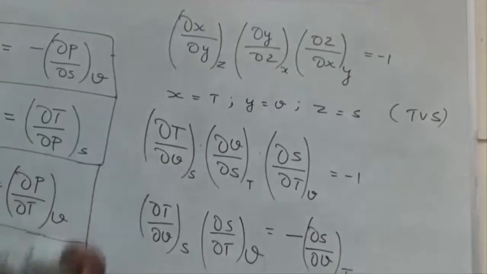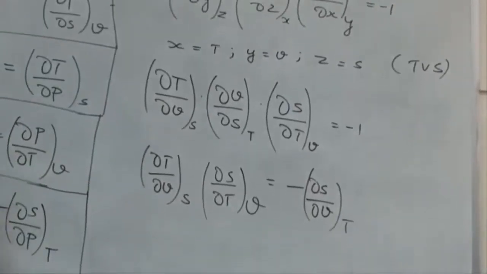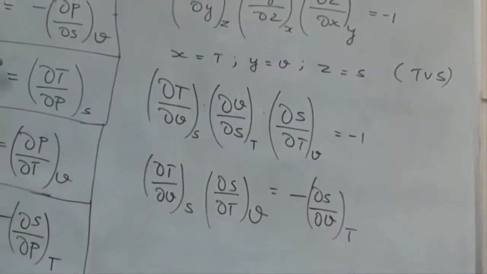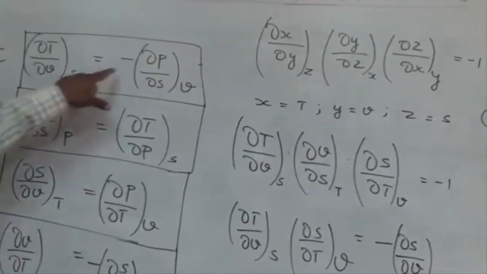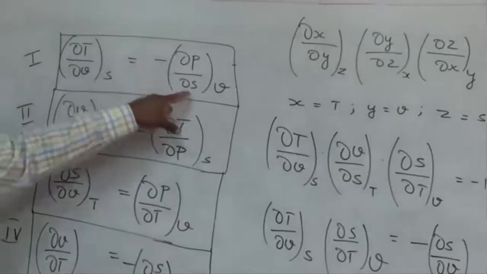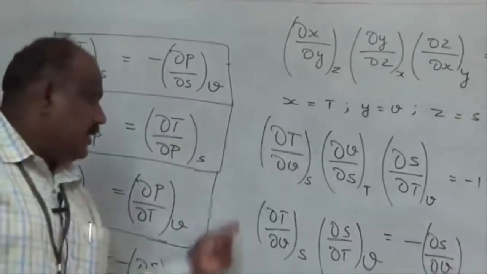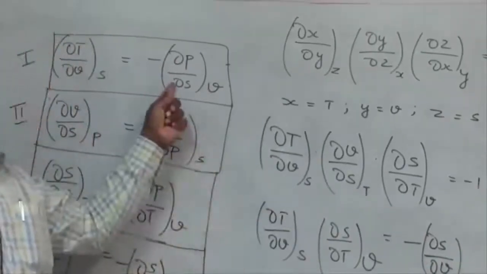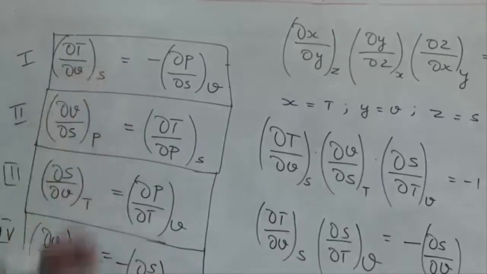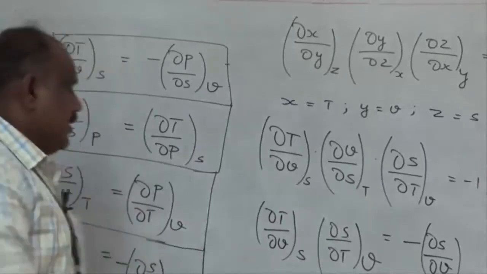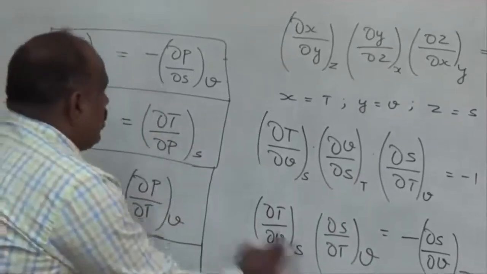The second point is that we have to make use of the first thermodynamic law. So what is ∂T/∂V at constant entropy? It is nothing but minus ∂P/∂S at a constant volume. So replace this first term with the corresponding term in the Maxwell first relation, because we are going to derive all the relationships only by making use of the first relationship. So I can substitute for ∂T/∂V at constant entropy with this one.